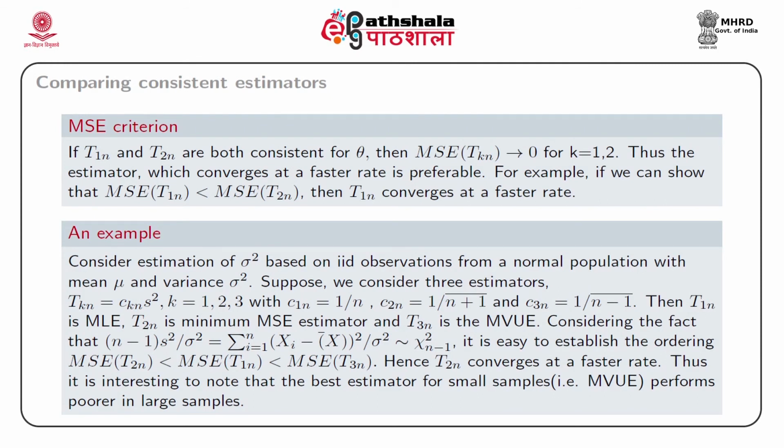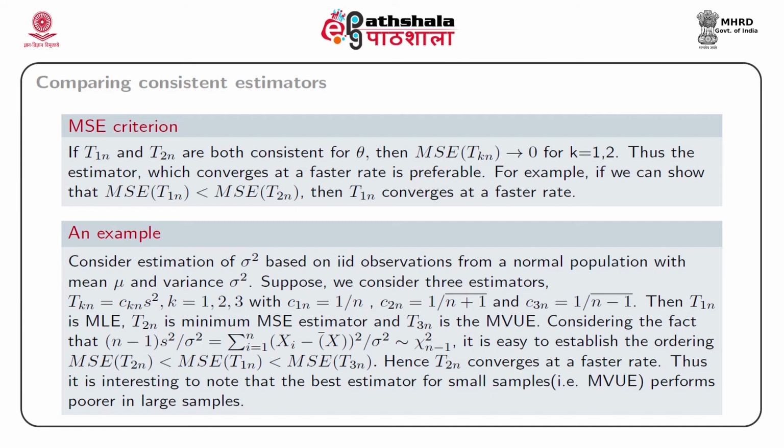Suppose we consider 3 estimators of the form Ckn multiplied by S square, where S square is the sample variance. We have considered 3 values of Ckn, namely C1n as 1 by n, C2n as 1 divided by n plus 1, and C3n as 1 by n minus 1. Then T1n is simply the maximum likelihood estimator, T2n is the minimum MSE estimator, and T3n is the minimum variance unbiased estimator.